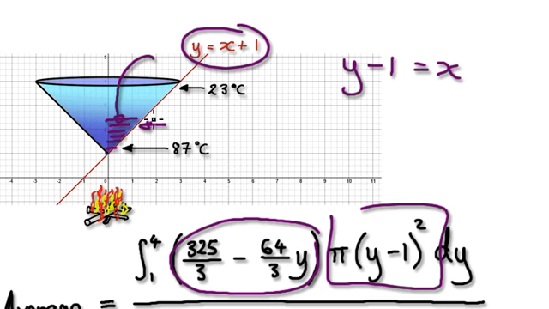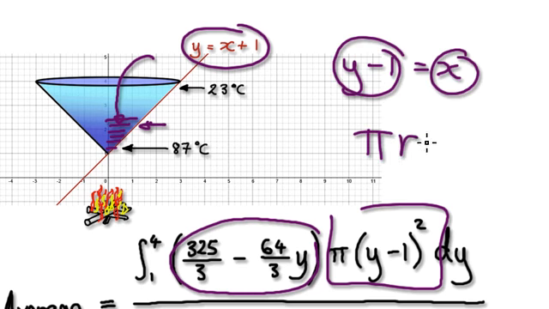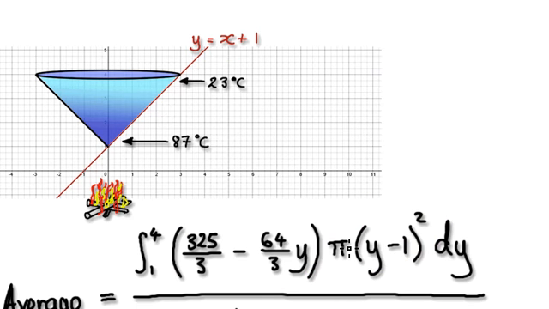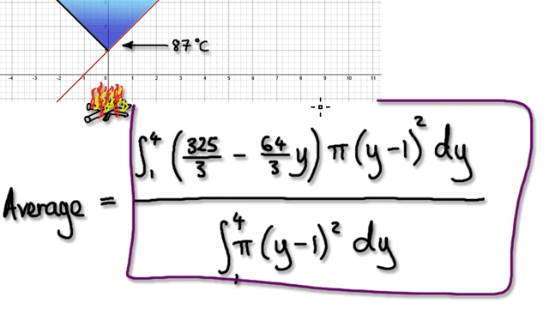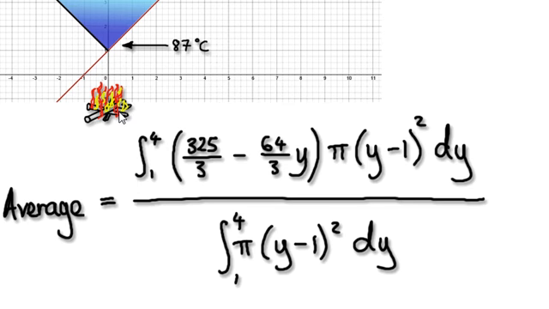So it's going to be pi r squared, where you put this into the radius here. Okay, so hang on. So the average temperature is given by this. Okay, I will continue in the next video.